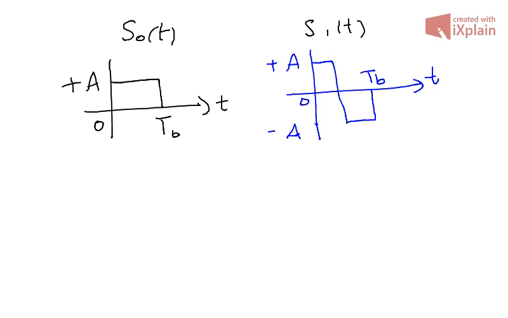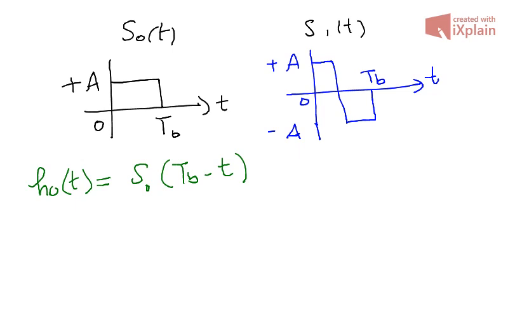We then derived the matched filter response h0 of t. If we observe h0 of t, it is the time inverted, scaled and delayed version of S0 of t.